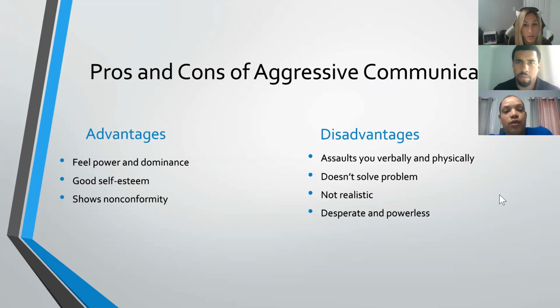Pros and cons of aggressive communicators. Their advantages are full power and dominance, good self-esteem, and showing non-conformity. Its disadvantages are that it assaults you verbally and physically, doesn't solve problems, is not realistic, and leaves others feeling powerless.